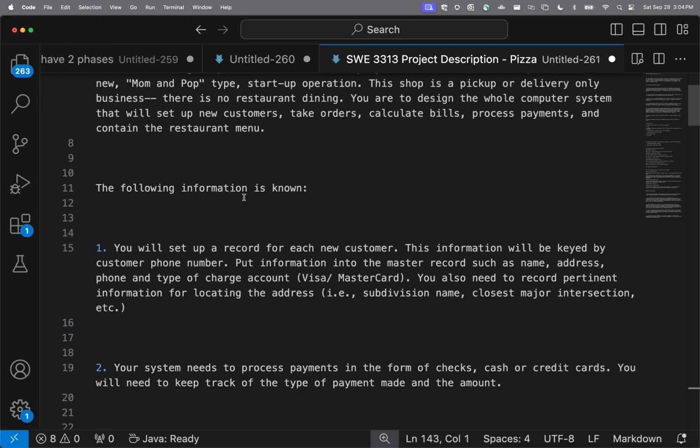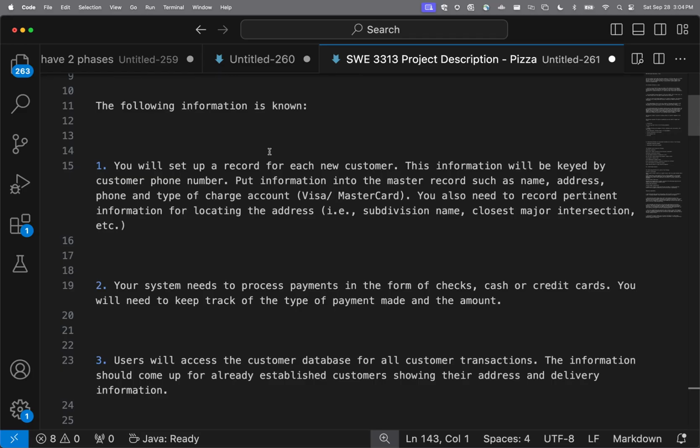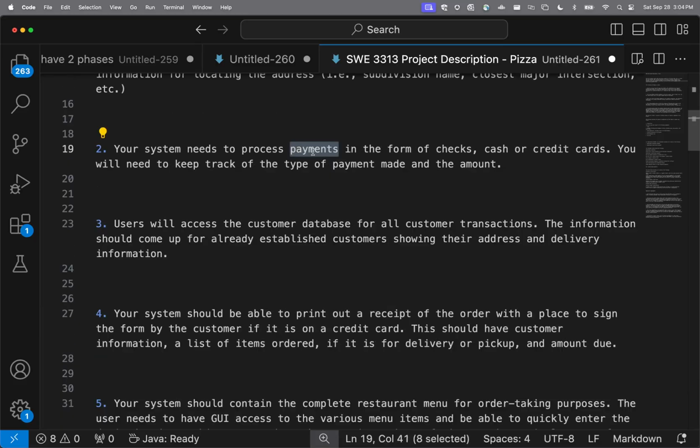Your pizza system will have customers. It needs to be able to process payment. It should record the customer transactions, so it needs to have a database. It needs to be able to print out a receipt. It should have the restaurant menu, which is a GUI.